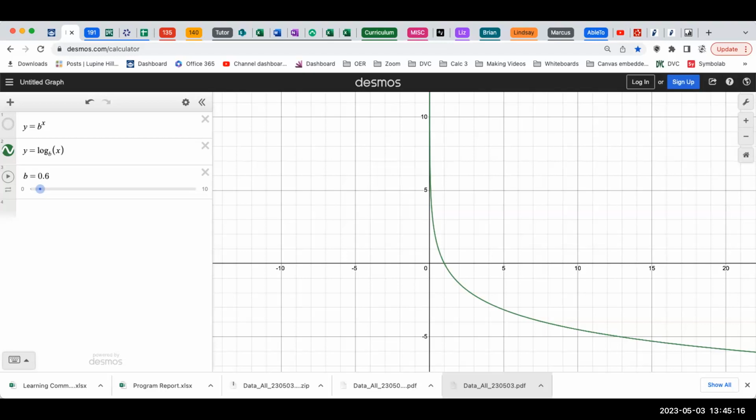It's a log function. So the inside can't be negative or 0. So therefore we need x squared minus 4x plus 3 to be greater than 0.